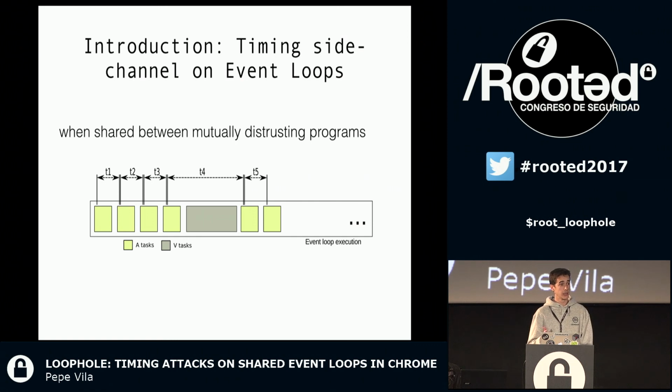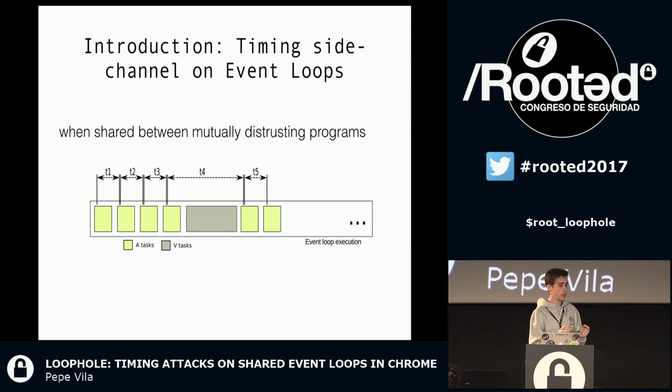But what happens when this event loop is shared between different parties, between mutually distrusting programs? In this case, we have an attacker sending messages or tasks to this event loop, and is measuring the time that each one takes to be processed. So we measure the time between two consecutive events, and we see what delay we have.